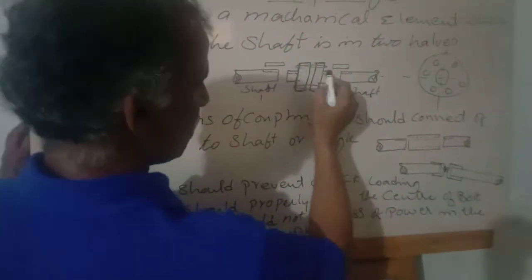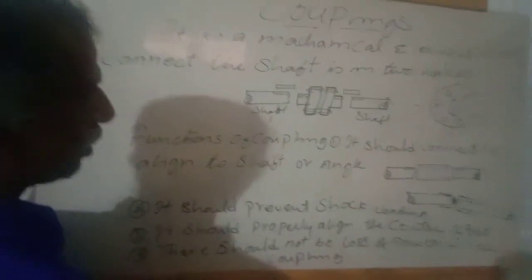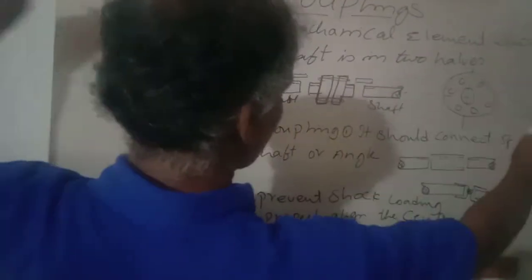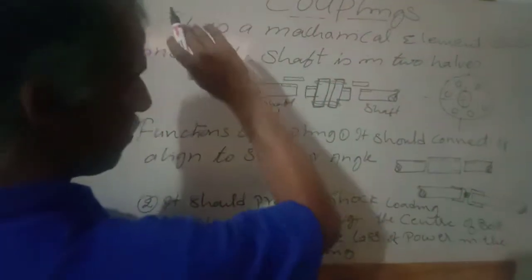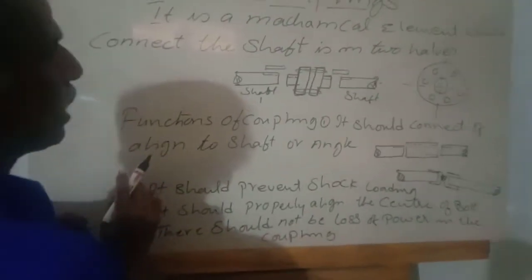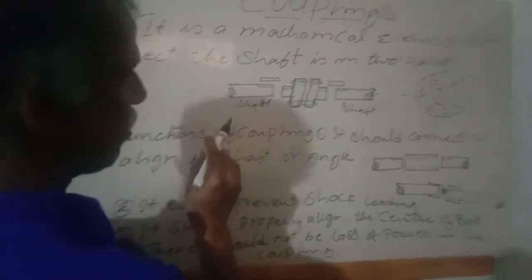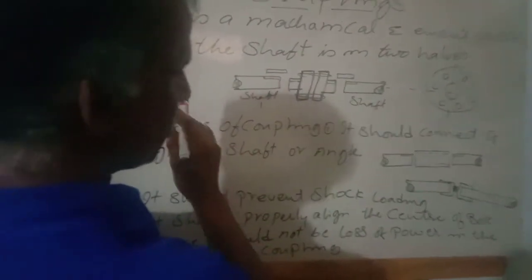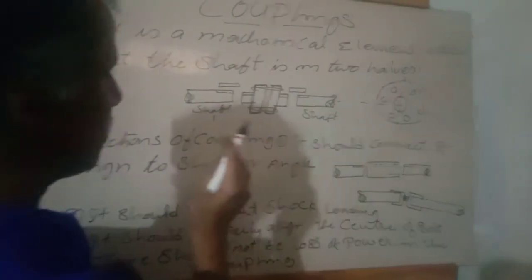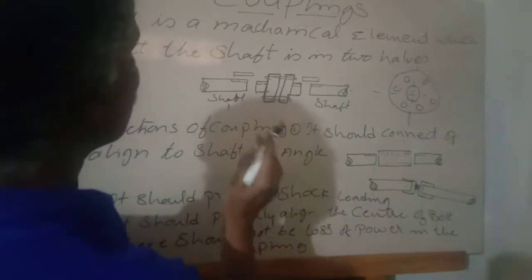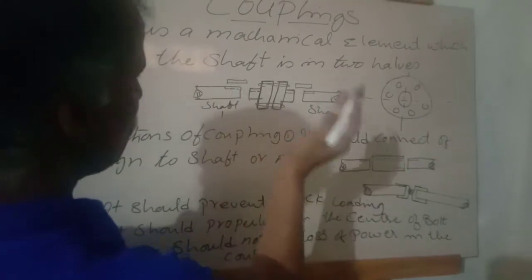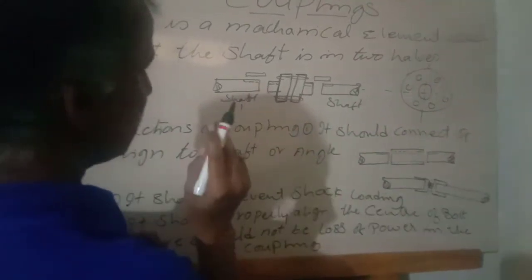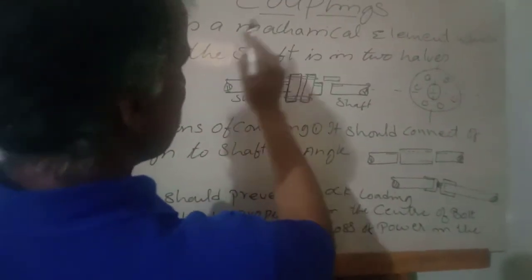We'll fix these nuts and bolts and make one shaft after transporting to the workplace. Sometimes these shafts may run in a straight line, and they may run at an angle also. To unite these two end pieces of the shaft on the machine, couplings are used.